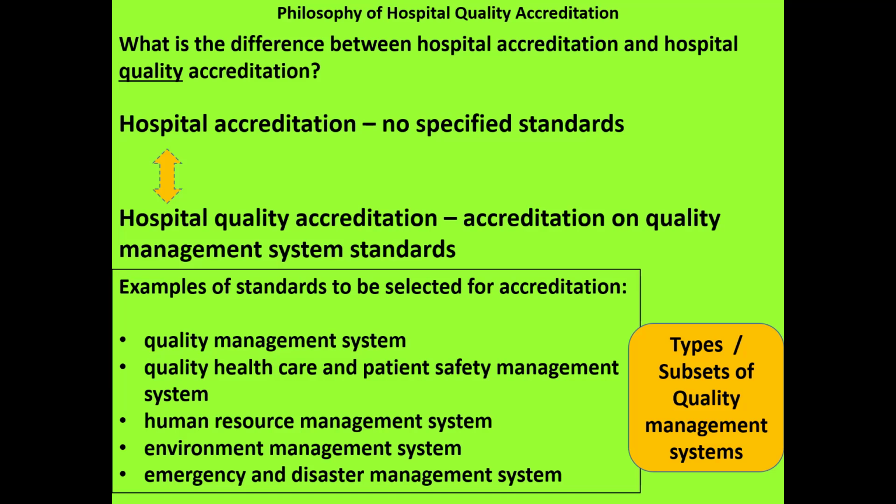All of these subsets may loosely be called quality management system or different subsets of quality management systems. If this is the case, then hospital accreditation and hospital quality accreditation may be the same. One just has to qualify the definition of terms to be used.